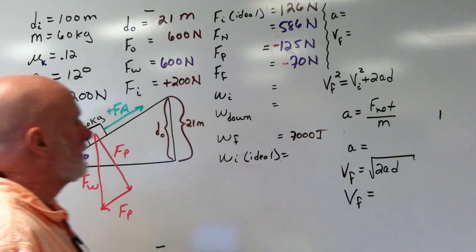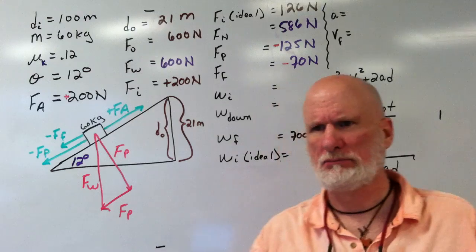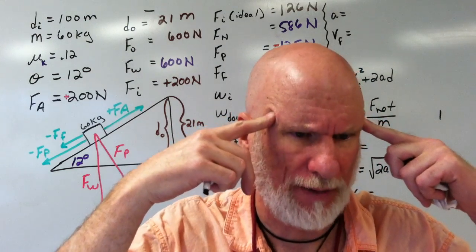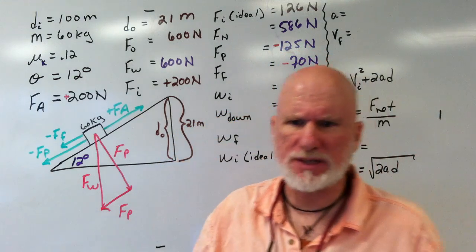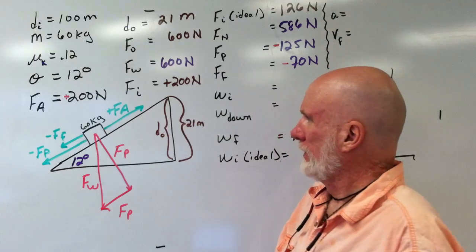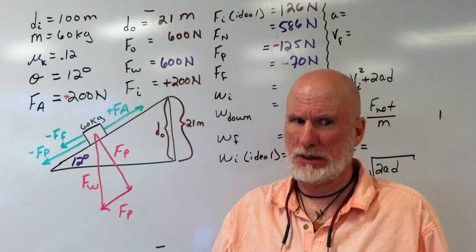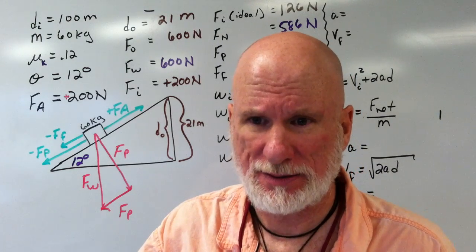What's WI? Unless it's otherwise stated, WI is always the real one, right? So what's WI? 20,000 joules. FI times DI.